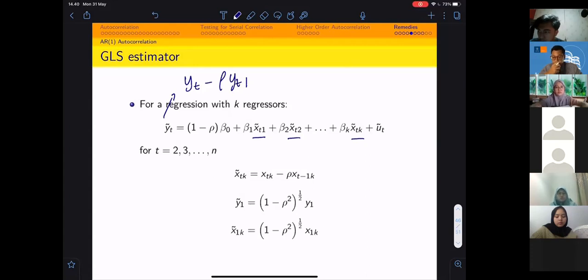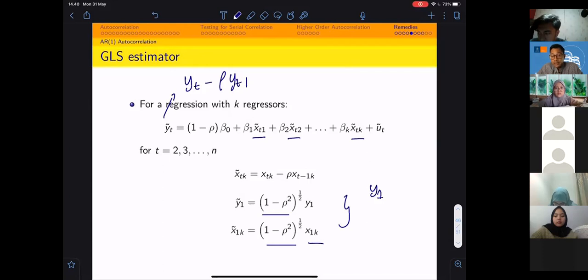Again, in the first period, you basically do not have y_0. So in the first period, what you need to do is just (1 − ρ²)^(1/2) times y_1, and similarly for x̃, you're going to have (1 − ρ²)^(1/2) times x_k.